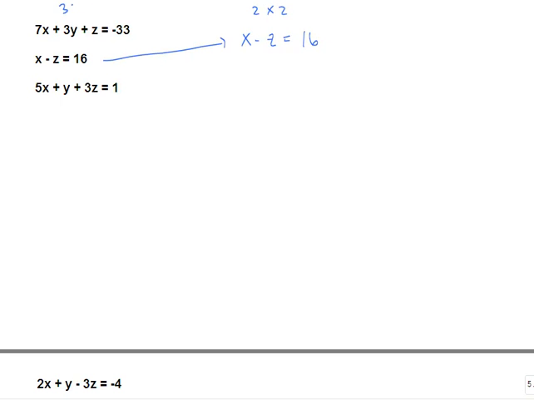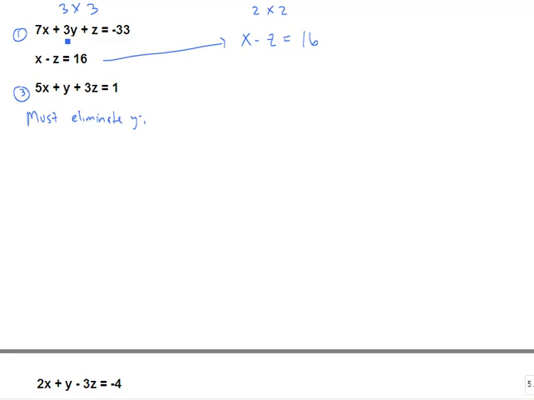And that means what we're going to have to do over here is take equation 1 and equation 3, the ones we haven't used yet, and we must eliminate y because in this equation over here there's no y, and we want our answer to match that. So if there's no y in this equation, then we want to make sure we're getting rid of y over here as well. So we must eliminate y.